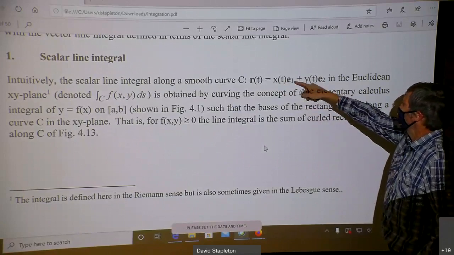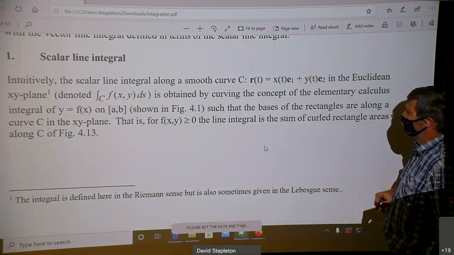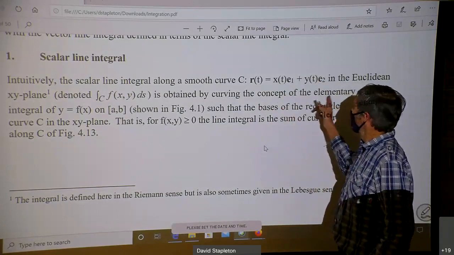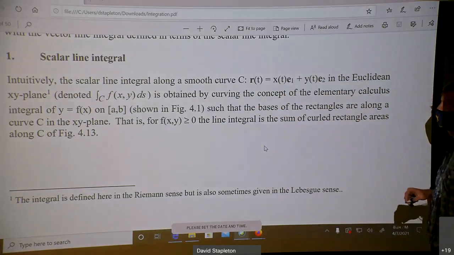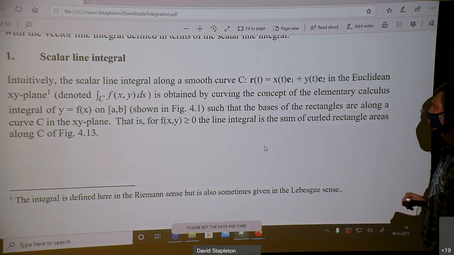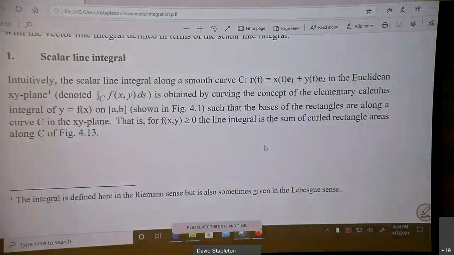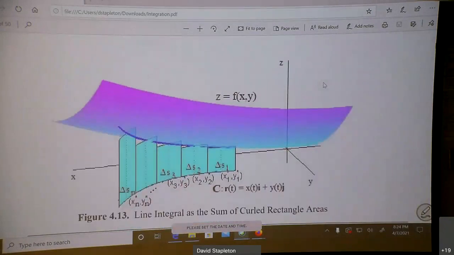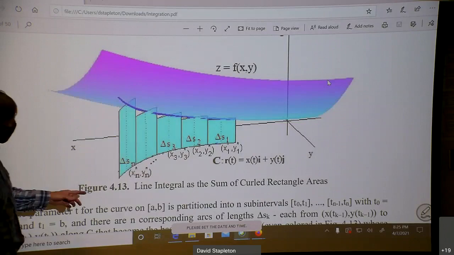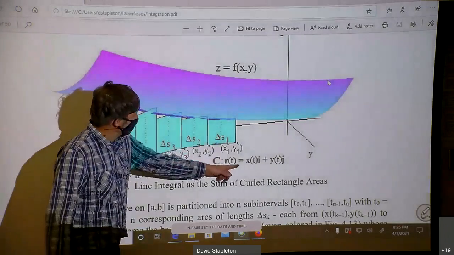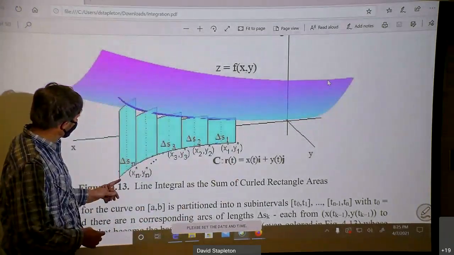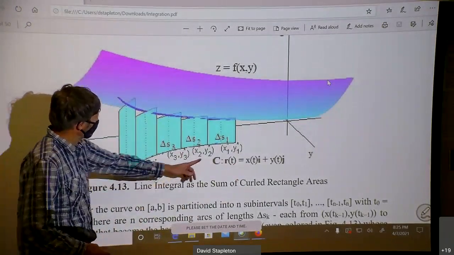So you're moving along some curve given parametrically this way in the xy plane. You want a line integral along that curve. You just take the integral that you had in elementary calculus and do the same thing you did before. You take the area of the rectangles added together. Let's move it down here. Instead of integrating along the x-axis, you now integrate along this curve C, which is given parametrically like that, some function of t i plus some function of t j. And you partition this little interval up.